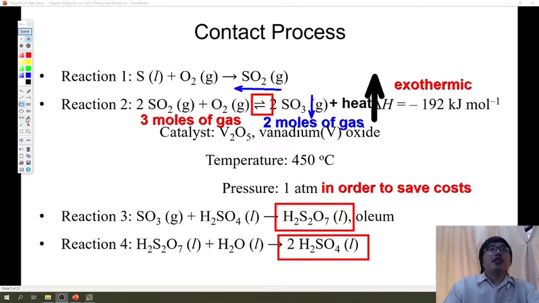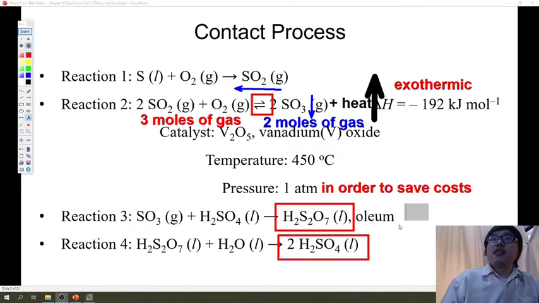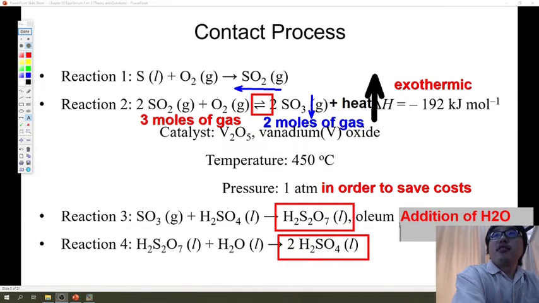The reason behind it is that addition of water to SO3 is an exothermic reaction.